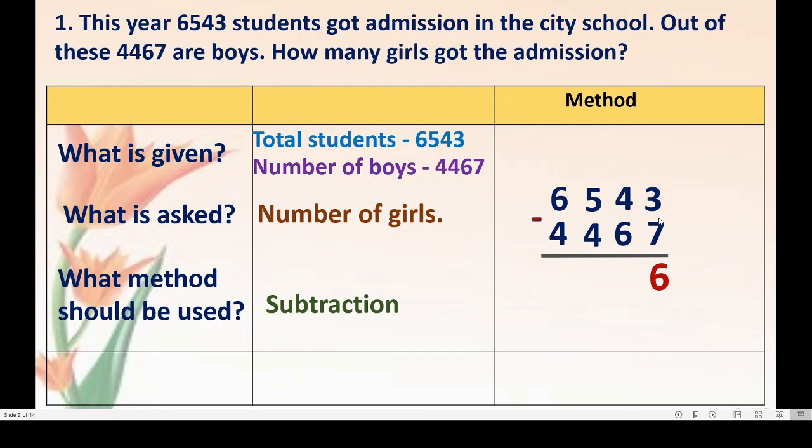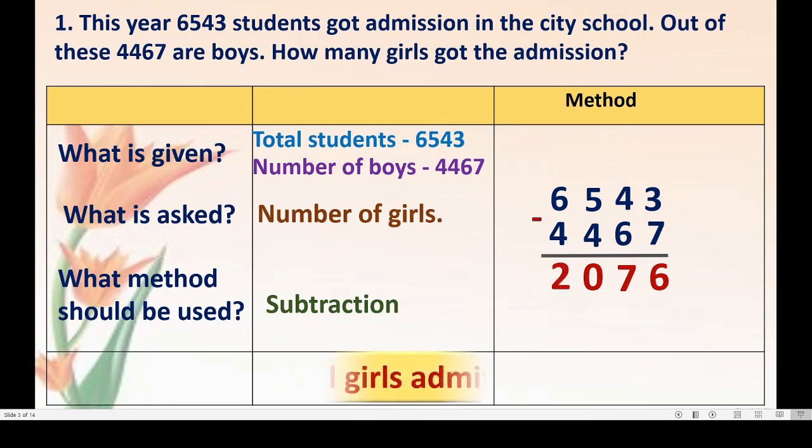6. Isn't it? Now here 4 is there, but it is 3 borrowed from 4. So here it is 3. Isn't it? 13 minus 6 again, that is 7. Correct? Now here 4 minus 4, that is 0. And 6 minus 4 is 2. Yes.